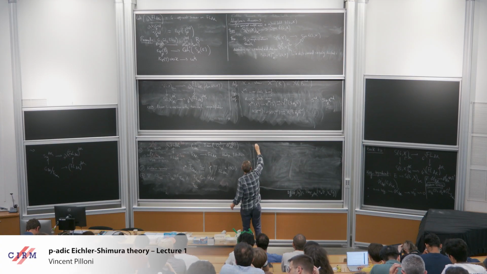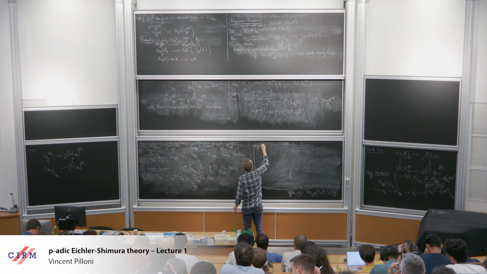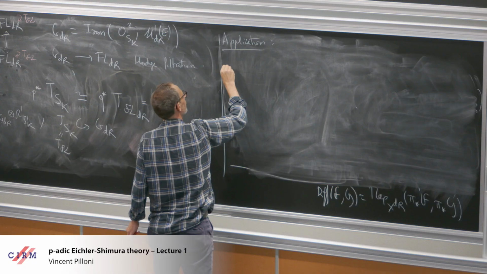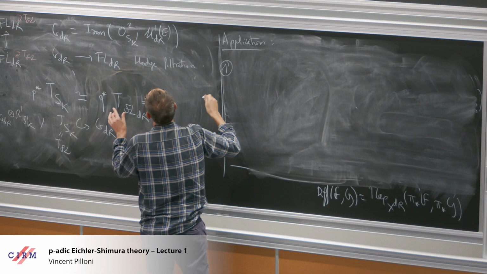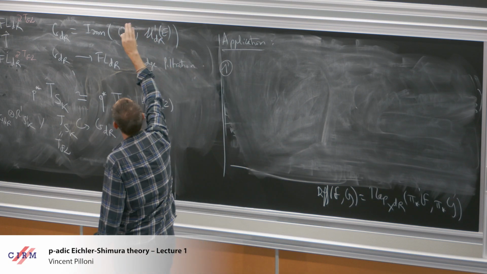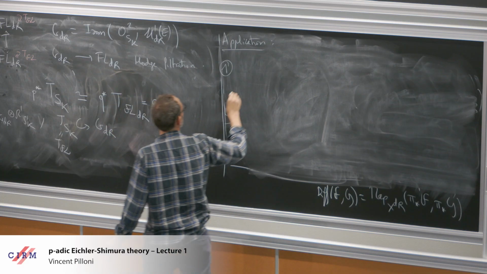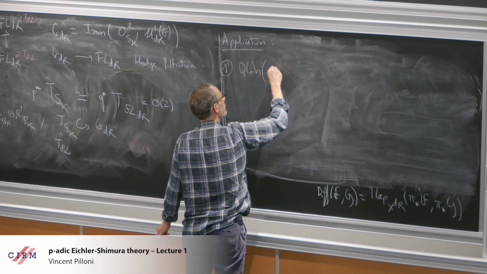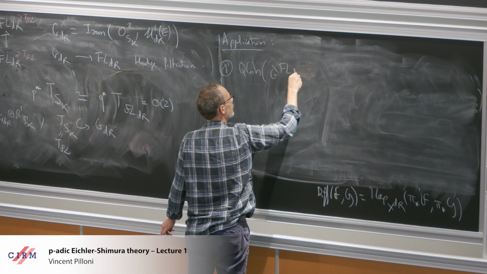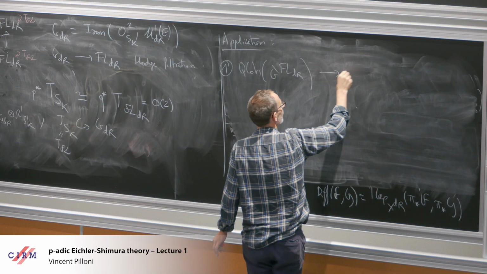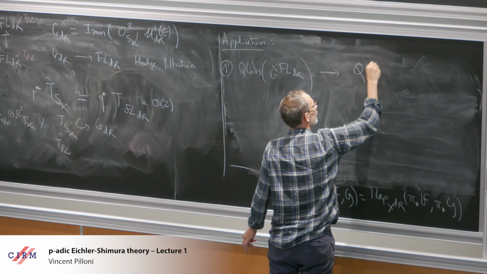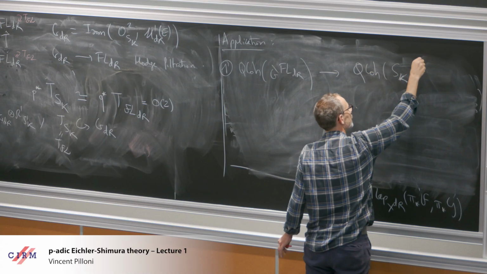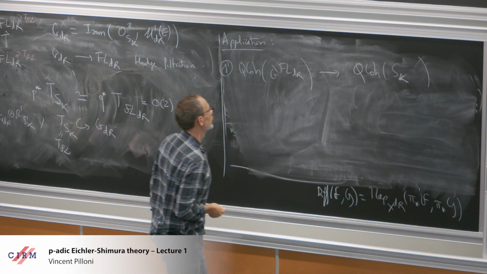So, application. The first application is that if I only use the top map of the diagram, I get a pullback map from quasi-coherent sheaves on G de Rham modulo FL de Rham to sheaves on the Shimura variety, but now it's really the algebraic Shimura variety, not the Shimura variety over the complexes.